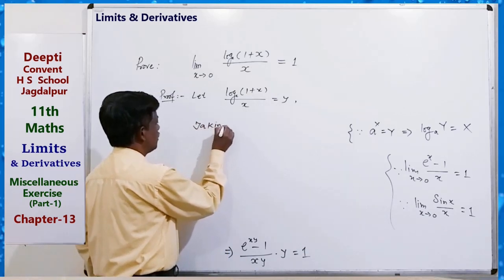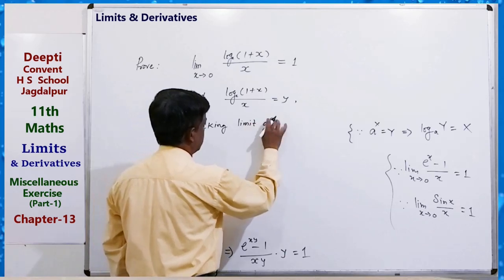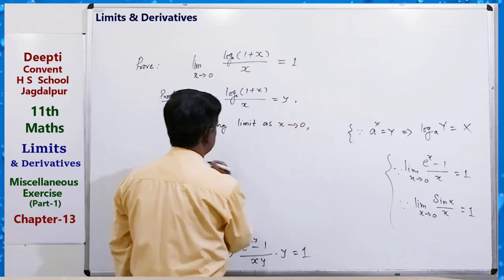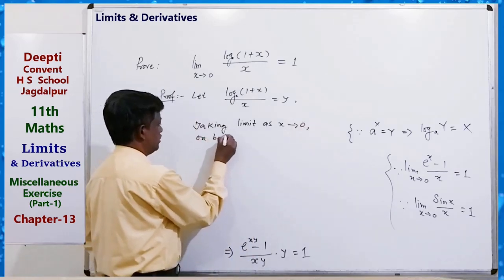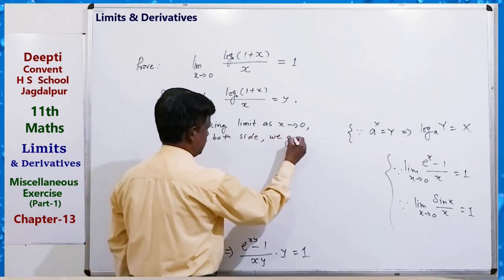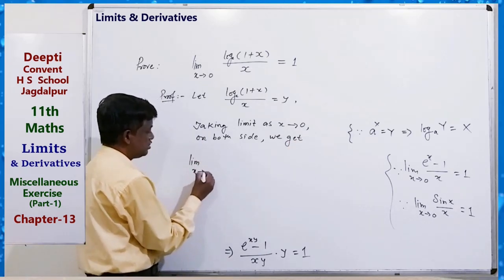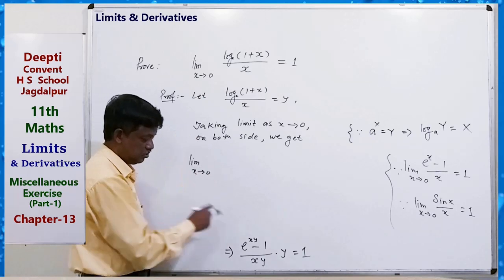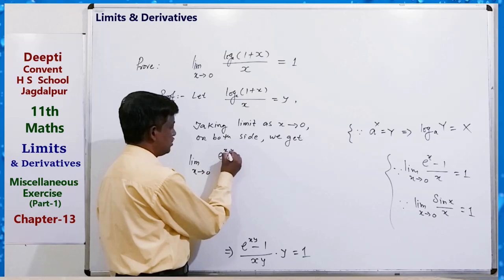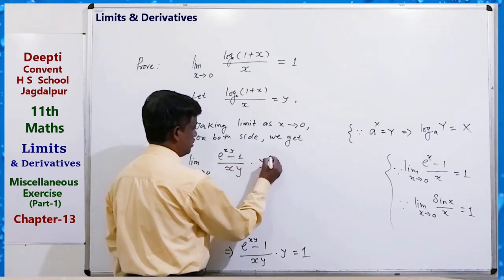Taking limit as x tending to 0 on both sides, we get limit x tending to 0 of (e to the power xy minus 1) upon xy into y.